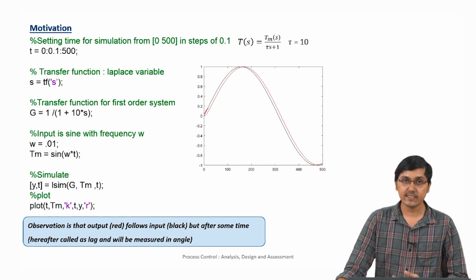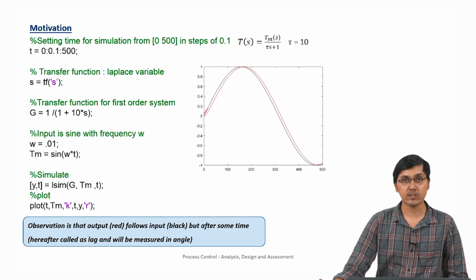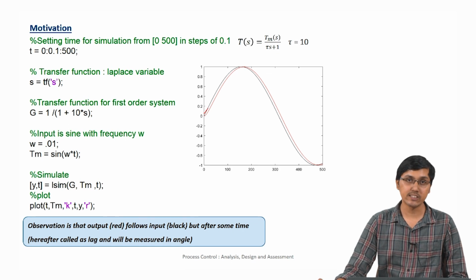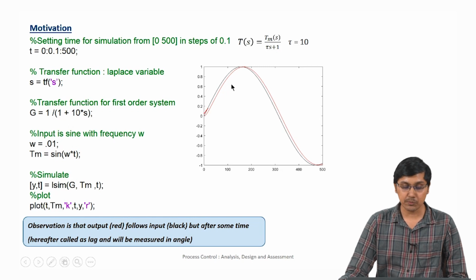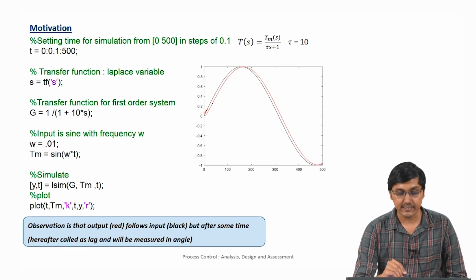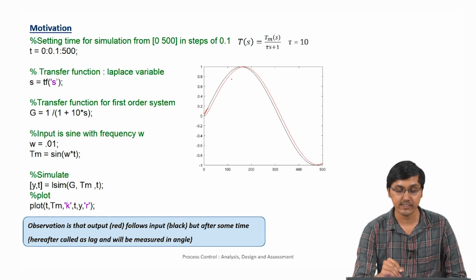Now we ask another question. For a step input, that was the response of the first order system. What will happen when we excite the system with a sinusoidal input? We take a sinusoidal input of angular frequency 0.01, and we see this response. The red line is the thermometer's temperature, the temperature indicated by the mercury of the thermometer, and the black line is the temperature of the input.